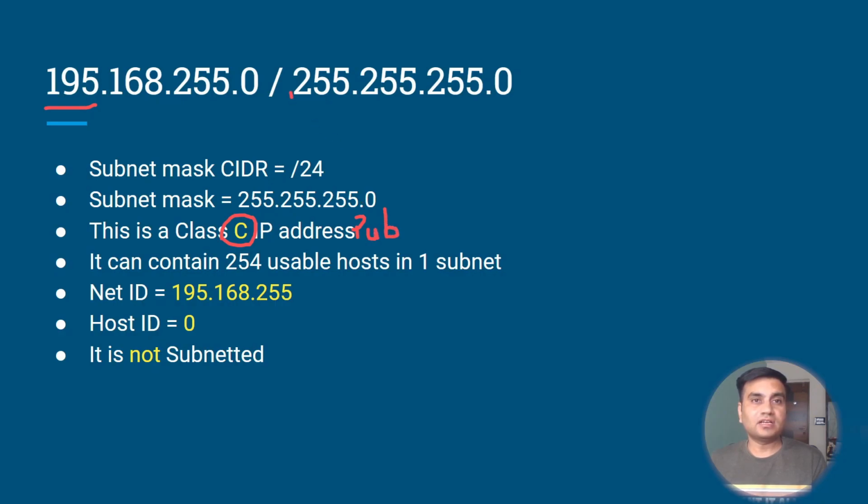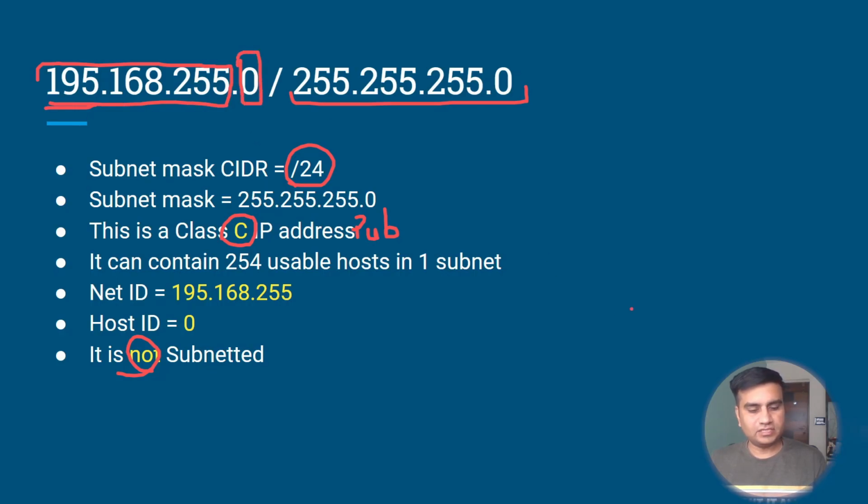Then this is the class C subnet /24. It is not subnetted. Obviously, it is not /25 or /23. What are the network bits? This is the network ID, right? What is host ID? This is host ID. Done in less than 30 seconds.